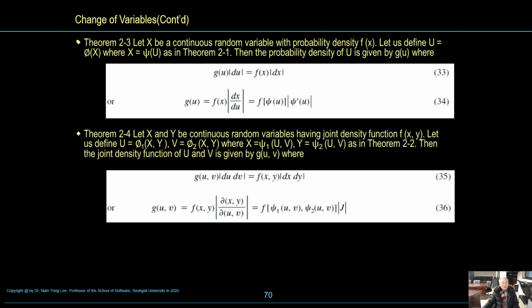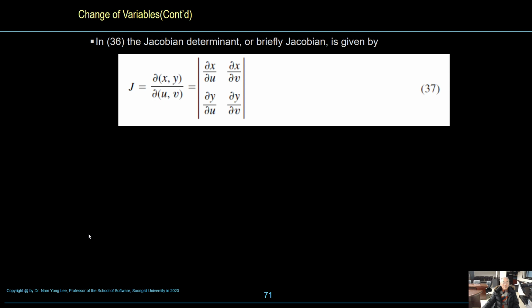Then the joint density function of U and V is given by g(u,v), where in formula 36, the Jacobian determinant, or briefly Jacobian, is given by formula 37, like this.